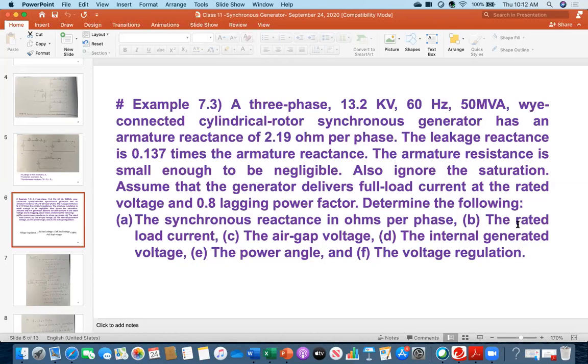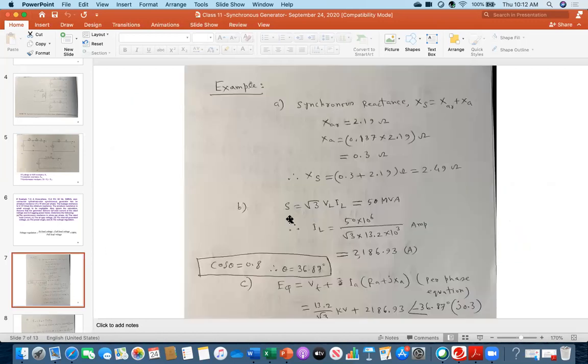So the rated load current you will be calculating by using these two numbers. That is root 3 VL IL because it is a three-phase system. So I'm using the apparent power equation, which is 50 MVA, and then from there you get the IL value. Therefore 50, I converted into volt ampere.